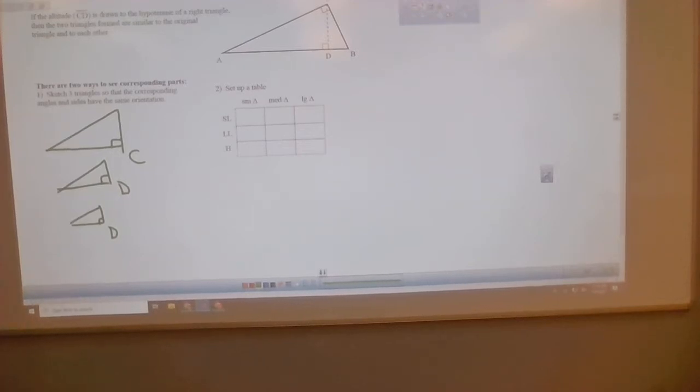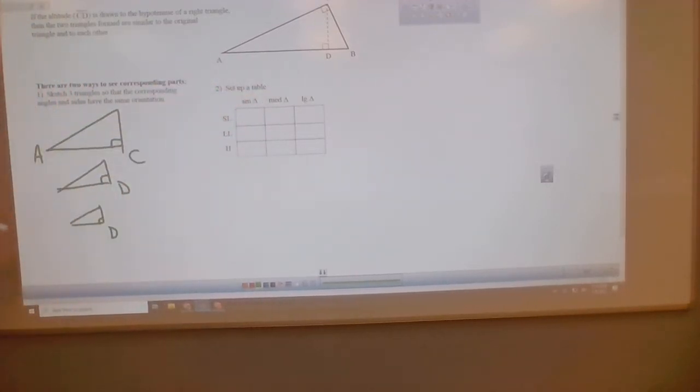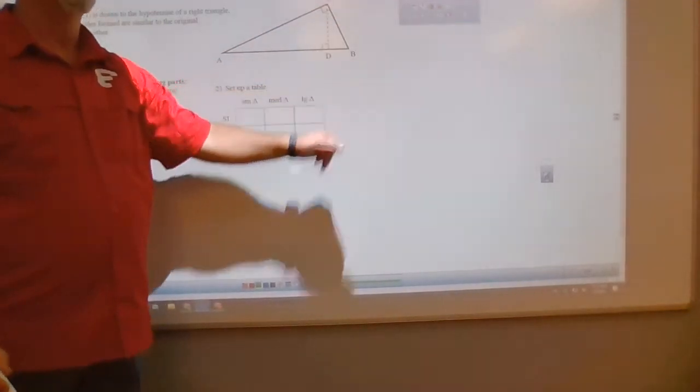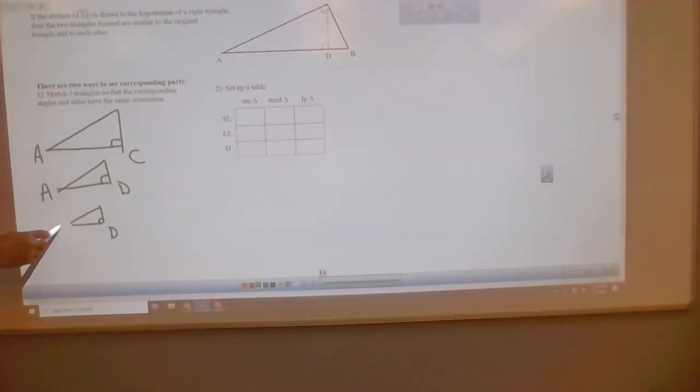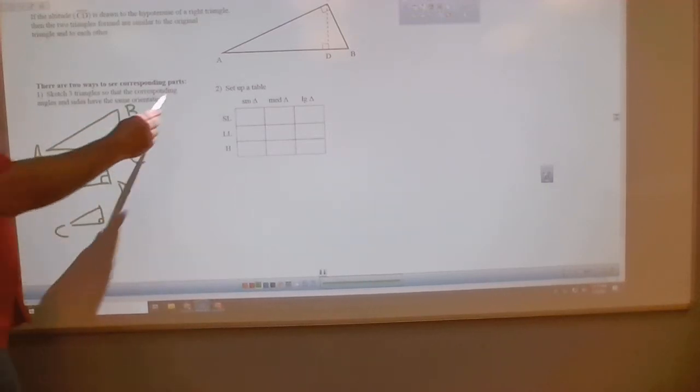Now, what is the long leg? If we did this, A would be the sharp point on the big one, right? What's the sharp point on the medium one? It's also A. And on the small one? C. So then on the big one this is B, so the hypotenuse is AB.